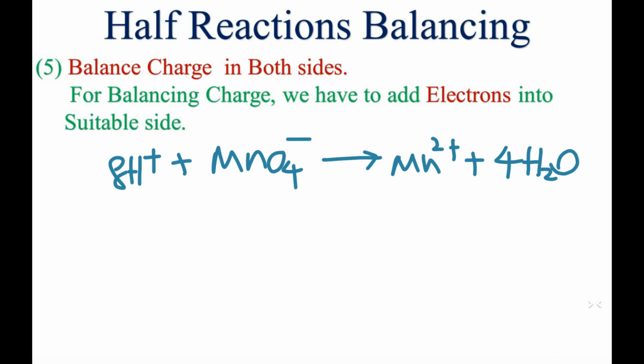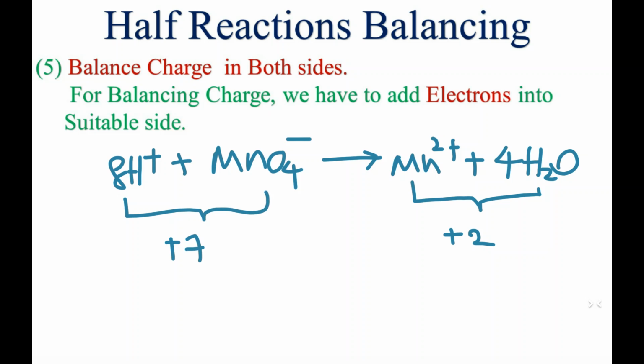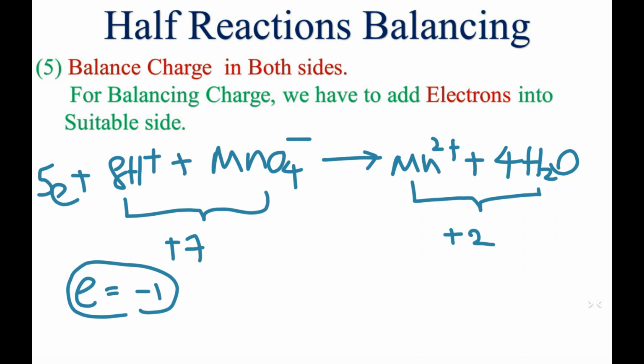In this reaction hydrogen and oxygen are balanced, so the right side charge is plus 2 and the left side charge is plus 7. So we have to add 5 electrons because an electron takes minus 1 charge. So 5 electrons take minus 5. So the total charge of this left side is now plus 2.